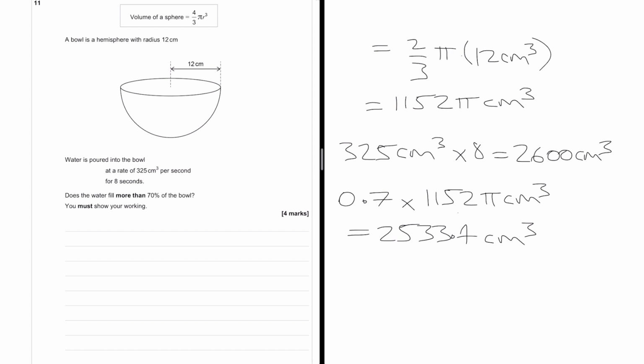So does it fill more than 70% of the bowl? Well, we can see that 2,600 is greater than 2,533.4. So let's just make that explicit. So yes, it does. I'll just write yes here.